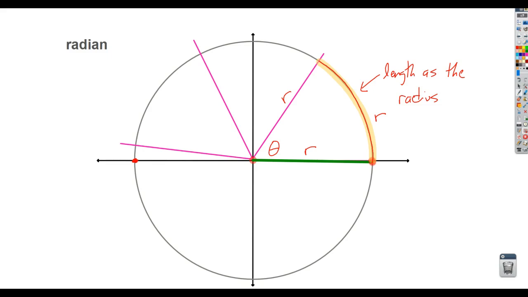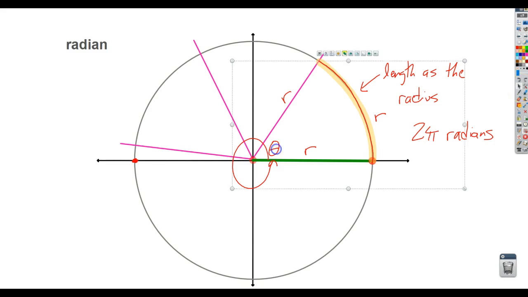If you went all the way around the circle, the circumference is 2 times pi times the radius. So if I travel all the way around, it's going to be 2 pi radians, because I would have traveled that much distance. So 1 radian is this angle here, theta.